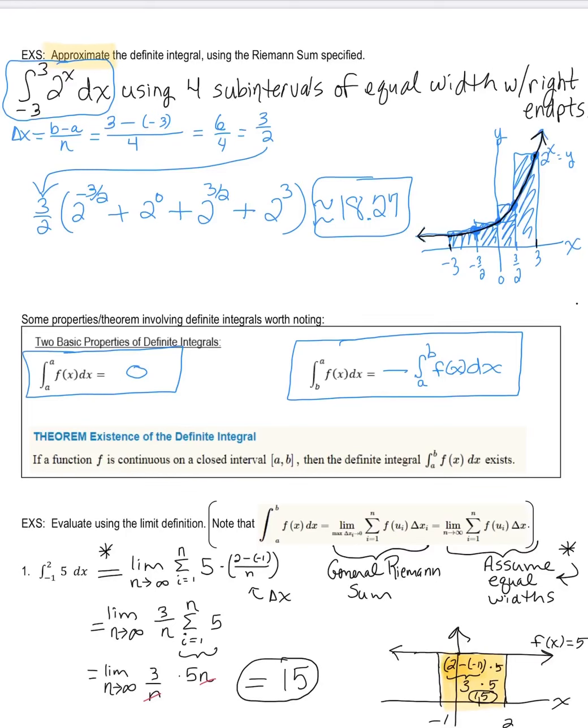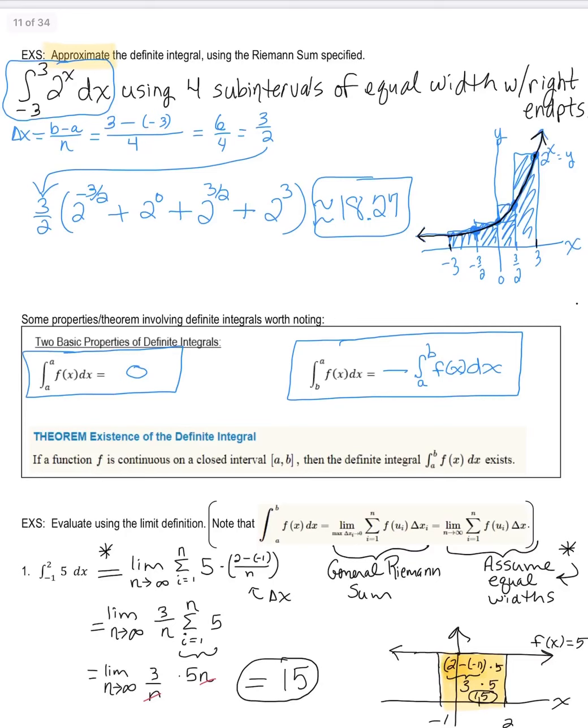All right, so we'll stop here for this video, and next time we will come back and take a look at doing a couple more examples using this definition, kind of getting back to really what we ended the last section with. A lot of what we did today in terms of the actual work involved things that we did in the last section.